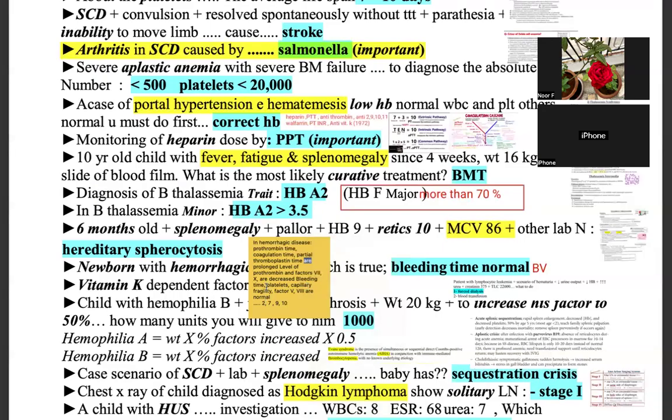Prothrombin and factor 7 and 10 are decreased. Bleeding time, platelets, capillary fragility, 5 and 8 are normal. So as I told you, the clue is to remember the factors. Next, vitamin K dependent factors. We know that 2, 7, 9 and 10.